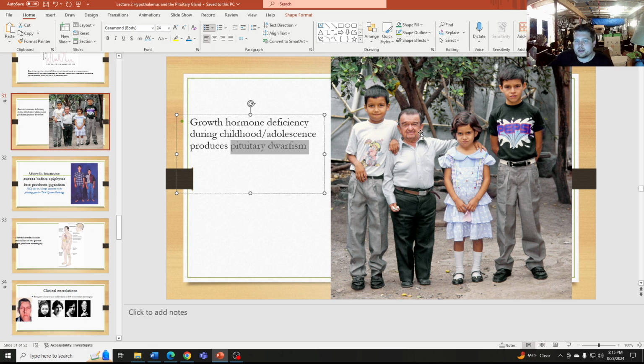So this individual is very, very small. So dwarfism tends to be not enough.